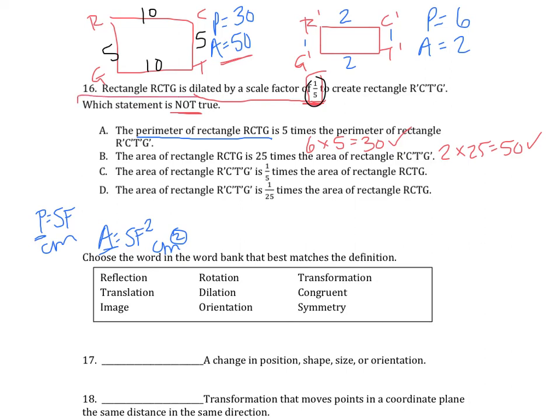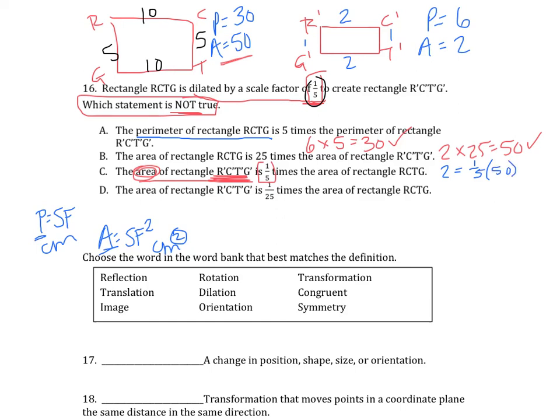But we're looking for which one is not true. So now it says the area of the prime rectangle is 1/5 times the area of the original rectangle. So if I replace this, it would say 2 is 1/5 of 50.